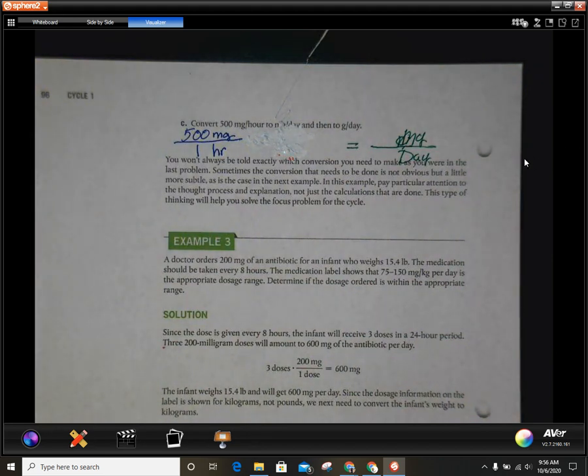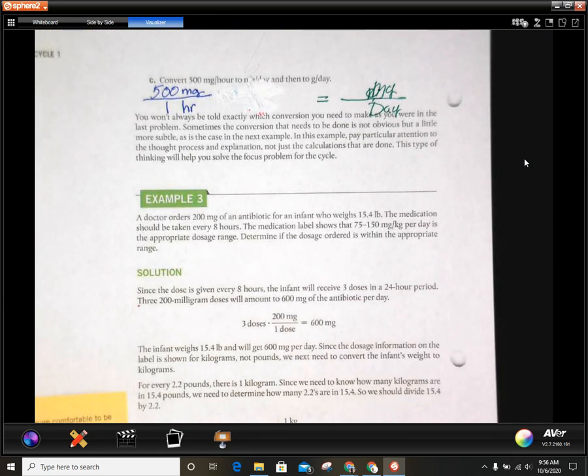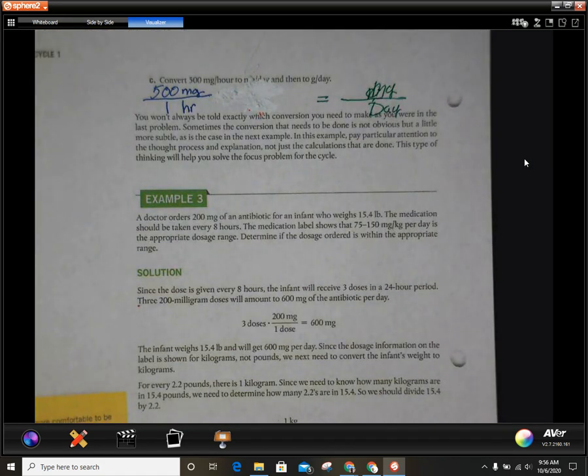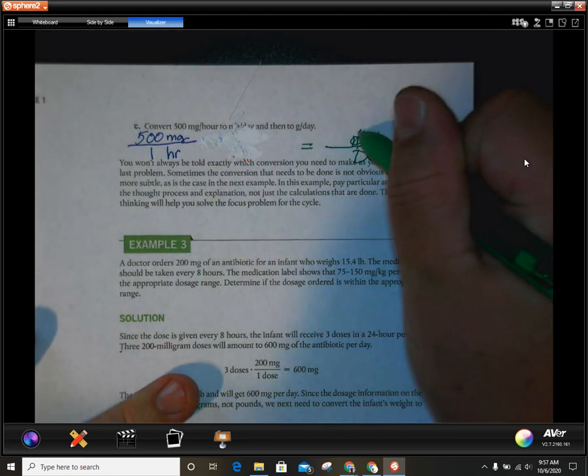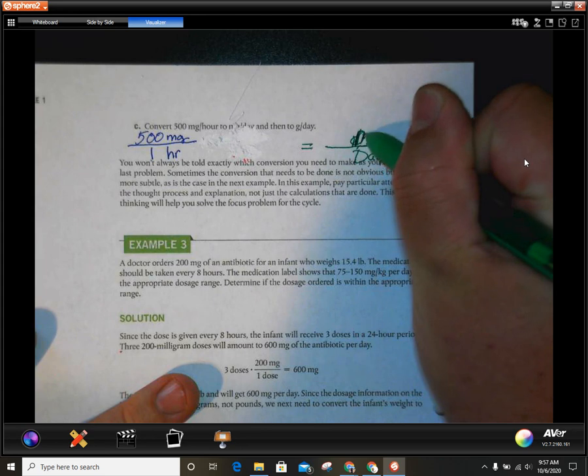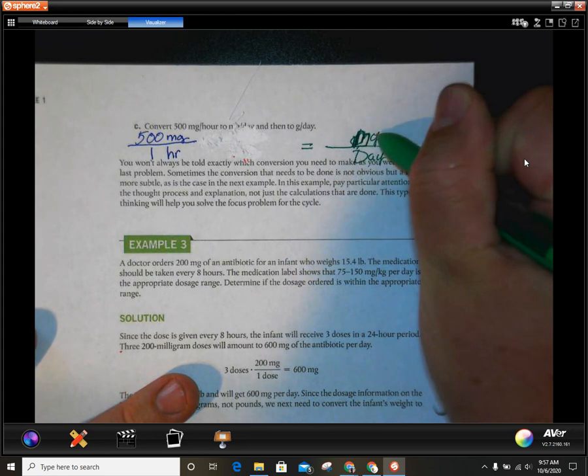My whiteout's a little gooey. Let that dry for a minute. Okay, so we're going to do milligrams today. That was a little confusing.